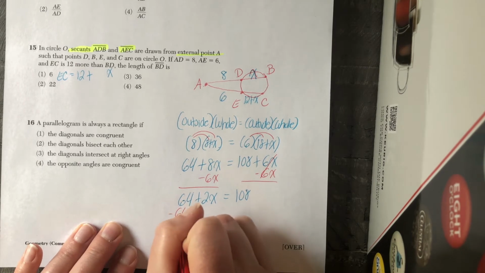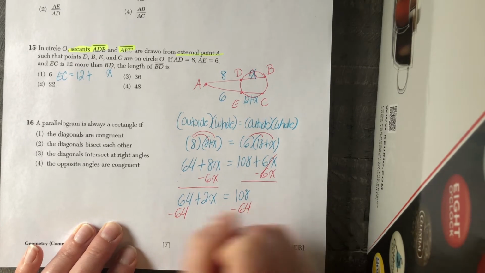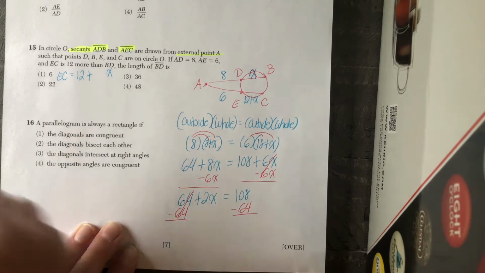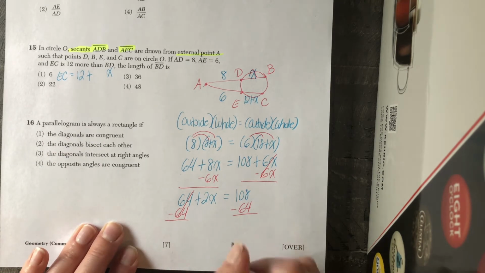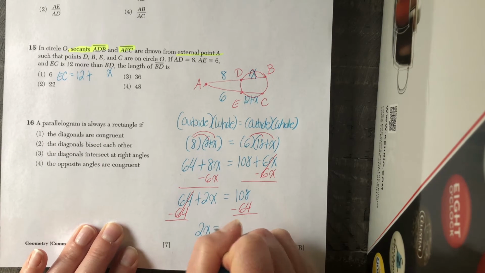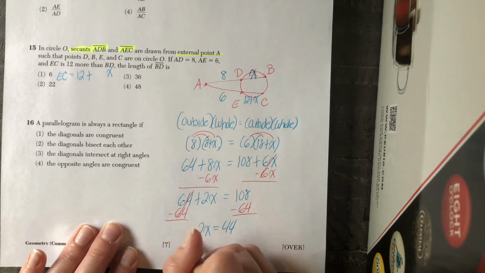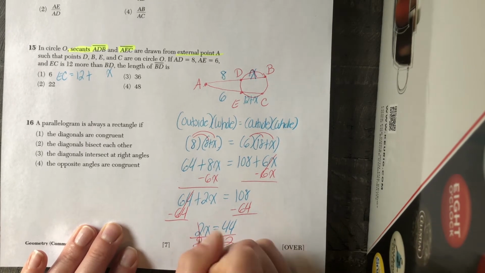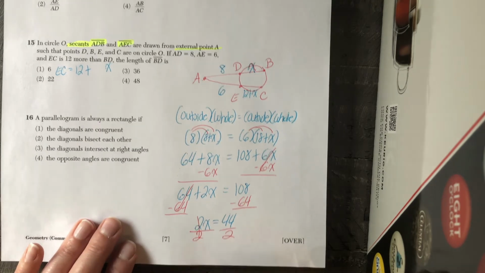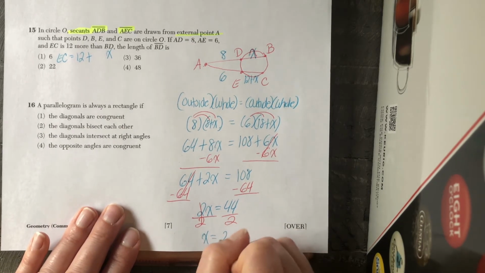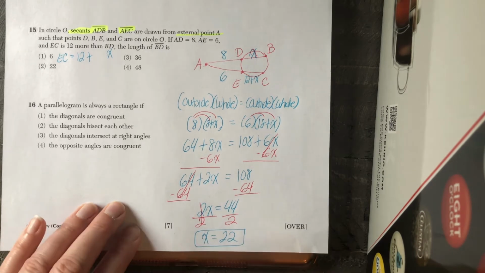So I'm going to bring my smaller to my bigger. I'm going to subtract 64 on both sides. So all I have left is 2X equals 44. And then the very last step, I have to divide both sides by 2 so that I can isolate X. I can get it by itself. And I can see that X equals 22 as my final answer.